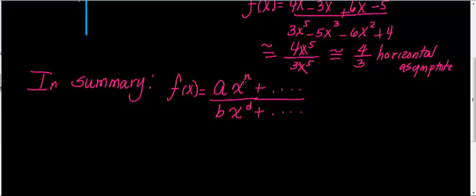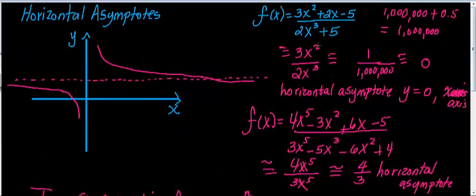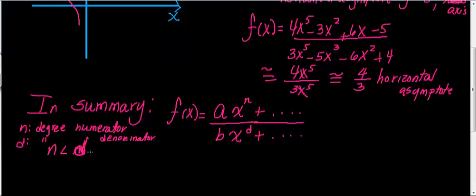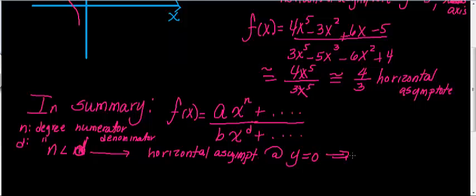Whenever the degree in the numerator is less than the degree in the denominator, like what happened in our first case, so whenever n is less than d, where n is the degree in the numerator and d is the degree in the denominator, that's why I use d for denominator, then I will have a horizontal asymptote at y equals 0. And this is the same thing as the x-axis.